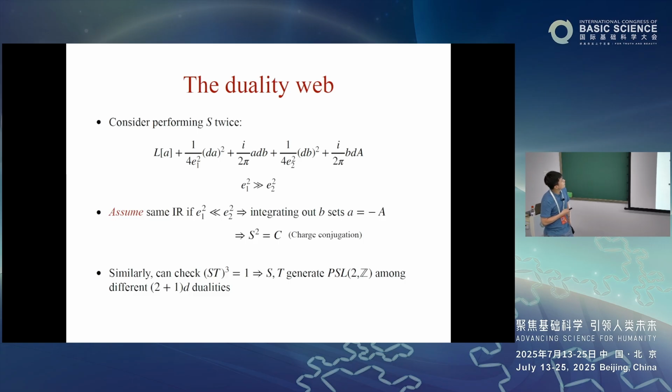Well, I have my theory coupled to a gauge field, and I gauge my theory. If I really want to make things well defined, I better do it while introducing a Maxwell term with some gauge coupling e squared, and then I let the RG flow take me to the fixed point, which practically means that I take e squared to be large, much larger than my probing energy scale.